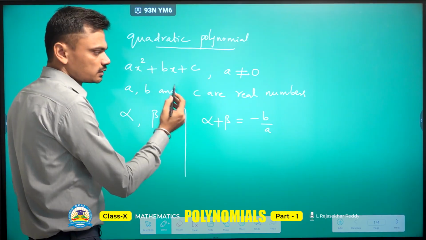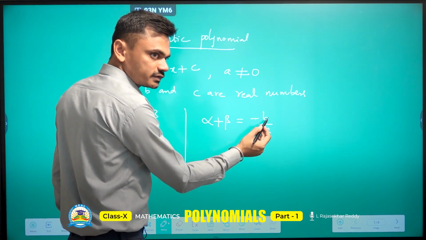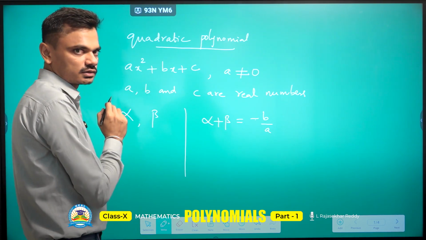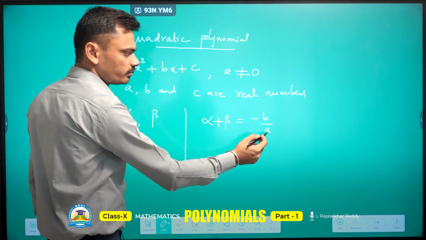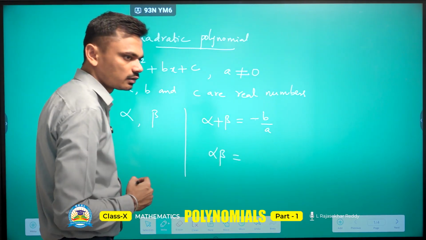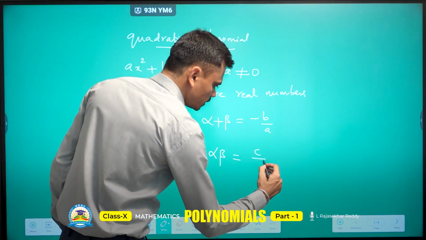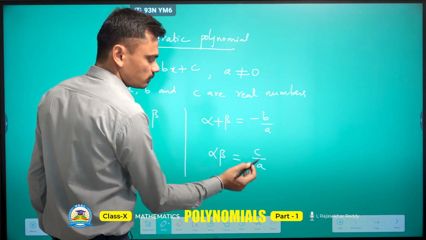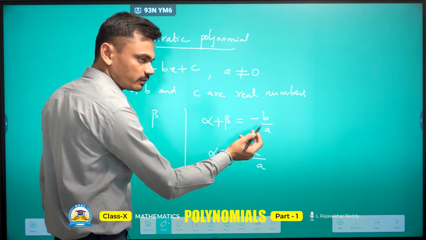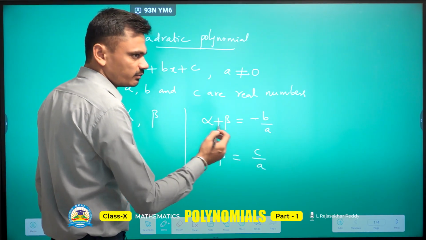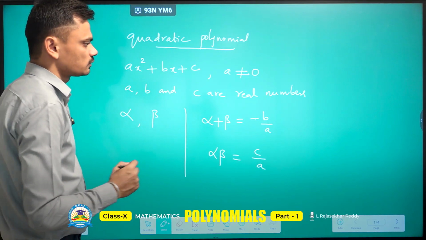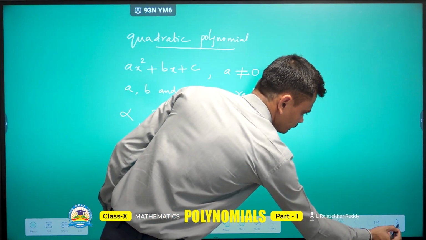The x coefficient. So negative of the x coefficient divided by the x square coefficient. Sum of zeros is equal to minus b by a. Product of zeros, alpha into beta, is equal to c by a: constant by the x square coefficient. Sum of zeros minus b by a. Product of zeros c by a.